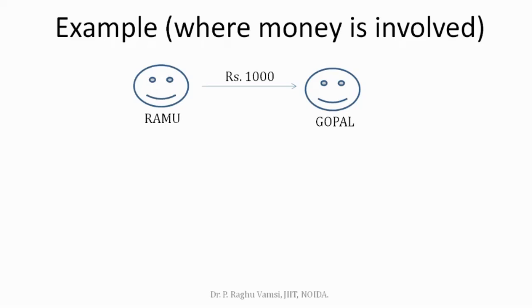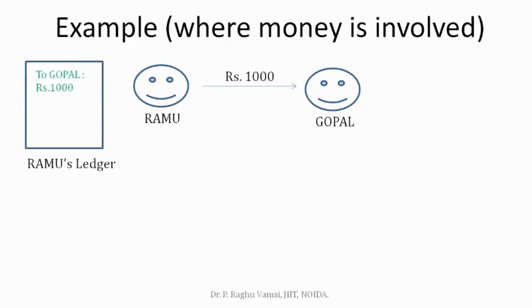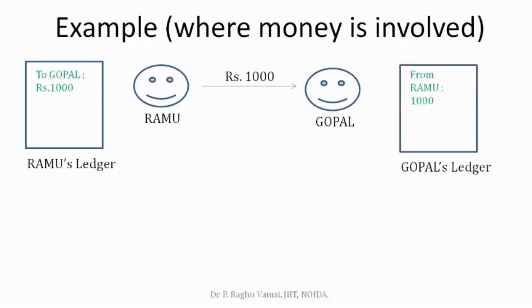So Ramu has given ₹1,000 to Gopal. In Ramu's ledger, he will write 'to Gopal ₹1,000'. Now, whenever Gopal receives 1,000, he should also register in his own ledger that from Ramu he received ₹1,000.